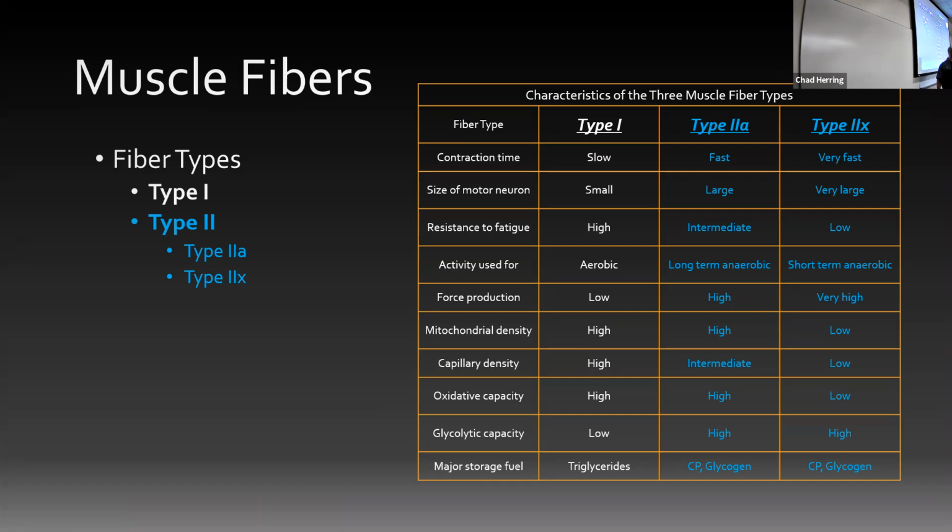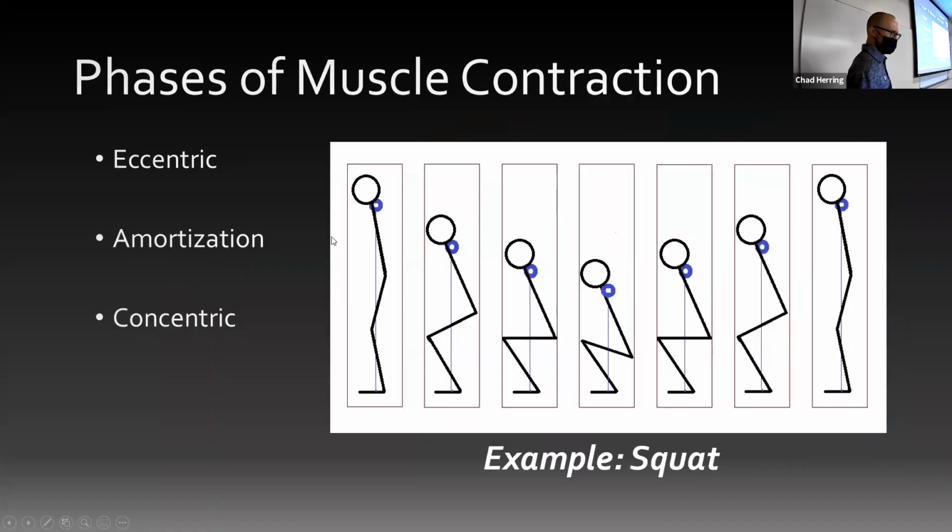So again, endurance training, primarily type 1; sprint type work, speed, high power output, primarily 2X. And that's why they're highlighted. Type 2A would still be classified as a fast twitch muscle fiber. That's why they're highlighted in blue. But just know there's some that are in that middle ground. All right, good with that.